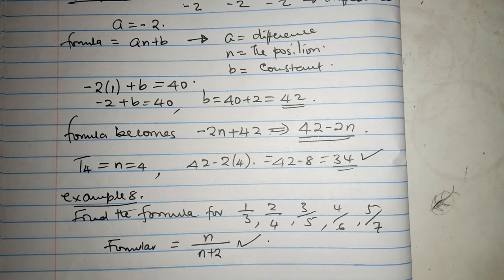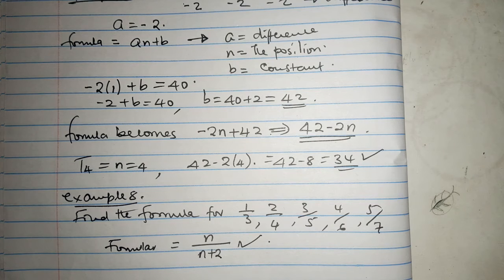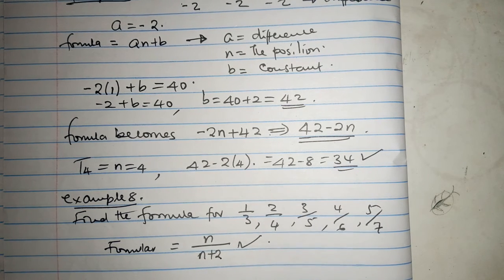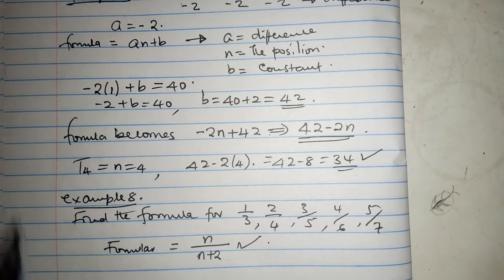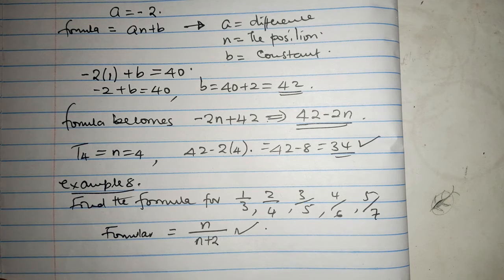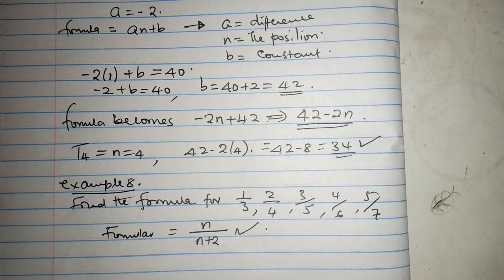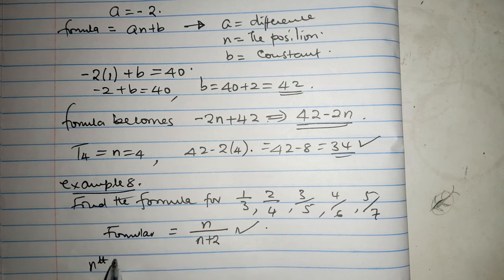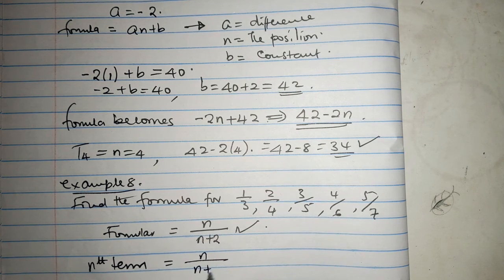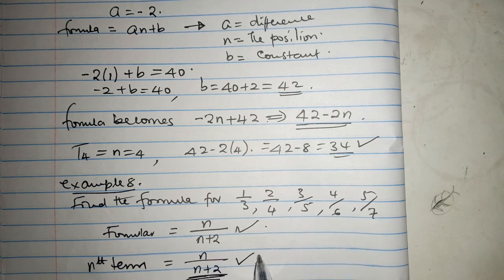Most of the time you will find getting the formula to be a bit challenging, and for this one it is just like trial and error, but we are coming to the conventional way of finding the formula for the arithmetic sequence. So in this one, the nth term is given by n over n plus 2. All right.